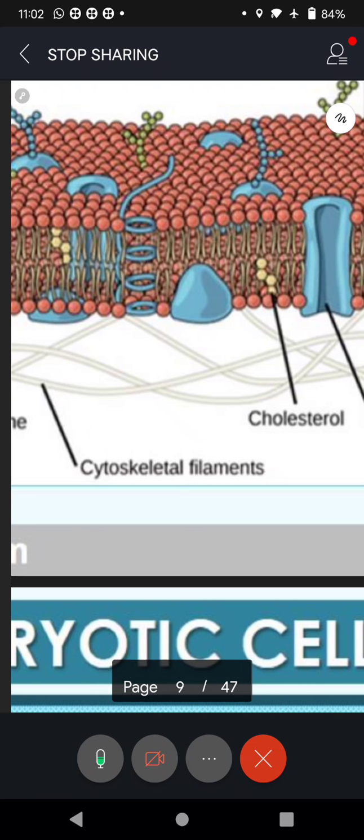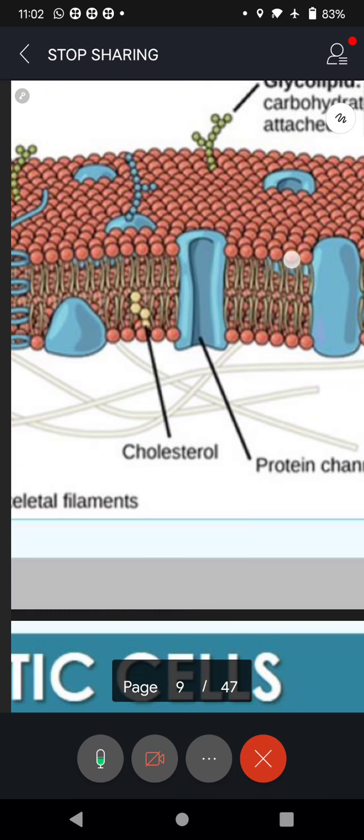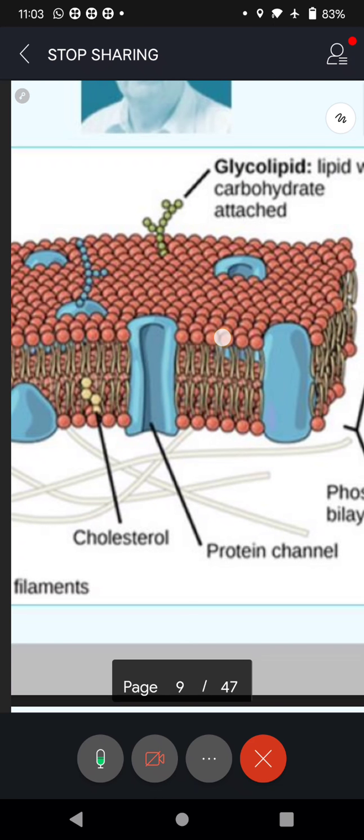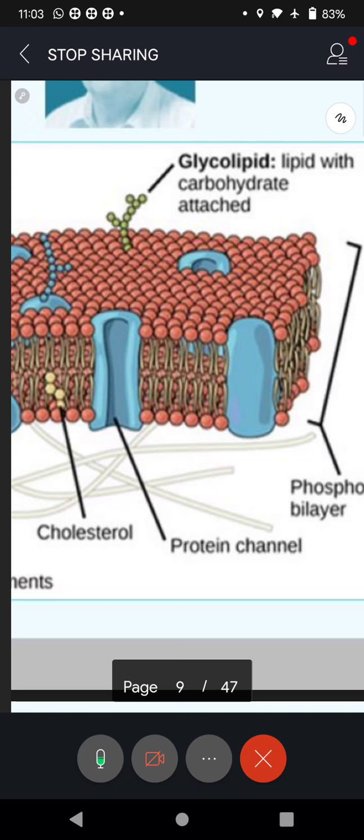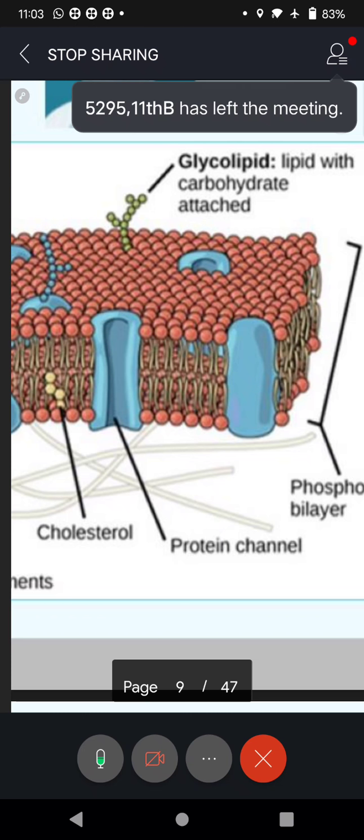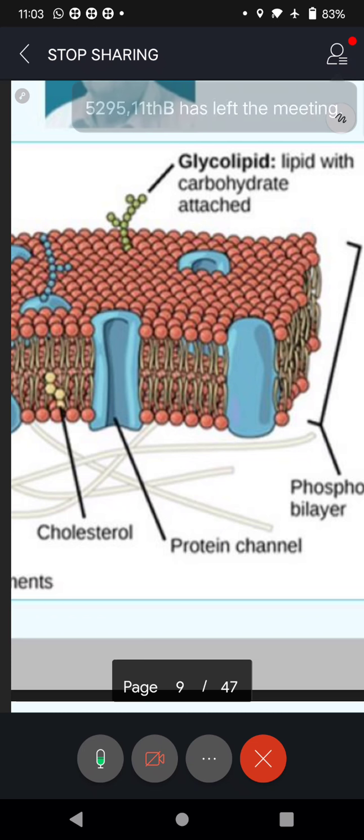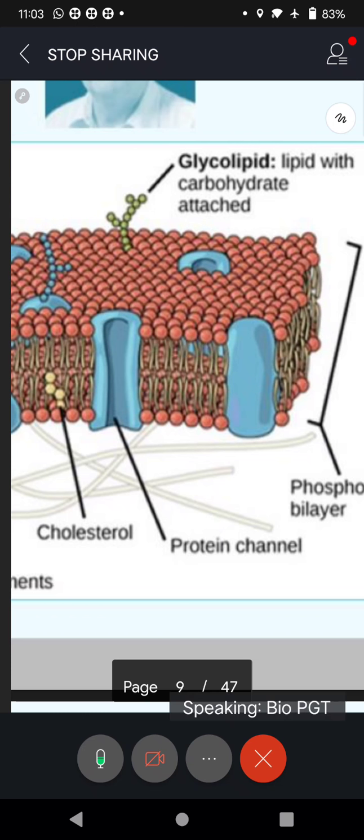There are also some cholesterol molecules, and fat molecules, because we said fat will be in two layers, the bilipid layer, and some cytoskeletal filaments also will be there. And you can see the presence of carbohydrates, glycolipids, that is lipids with carbohydrates attached, right? So basically our plasma membrane is made up of carbohydrates, fats and proteins.